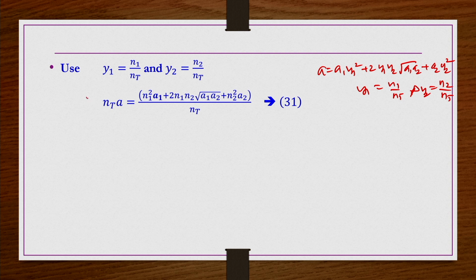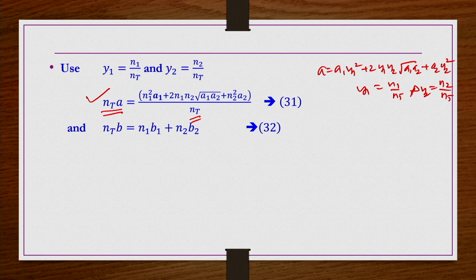Then we get A equals N1 square A1 plus 2 N1 N2 square root of A1 A2 plus N2 square A2, divided by Nt square. One of the Nt I have taken to the left hand side because we want to find dou by dou N1 of Nt A, so as to find V1 bar. Similarly, B equals N1 by Nt B1 plus N2 by Nt B2. One of the Nt we take to the left hand side, so Nt B equals N1 B1 plus N2 B2.